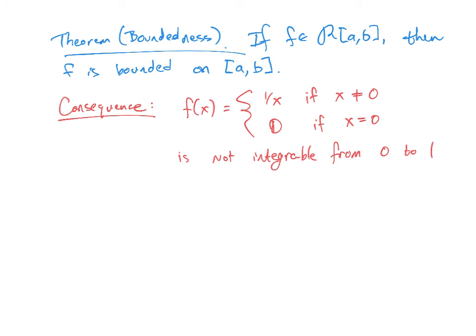The point is that this function is 0 at the origin, make that 1, but it's unbounded on the closed interval from 0 to 1.